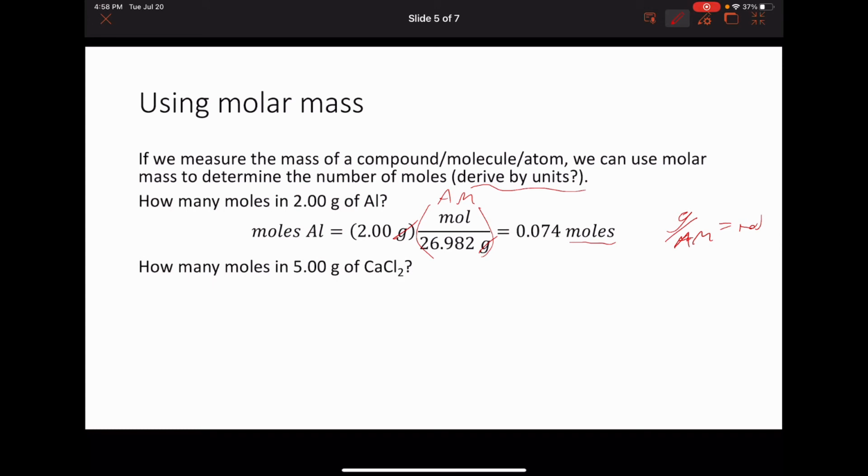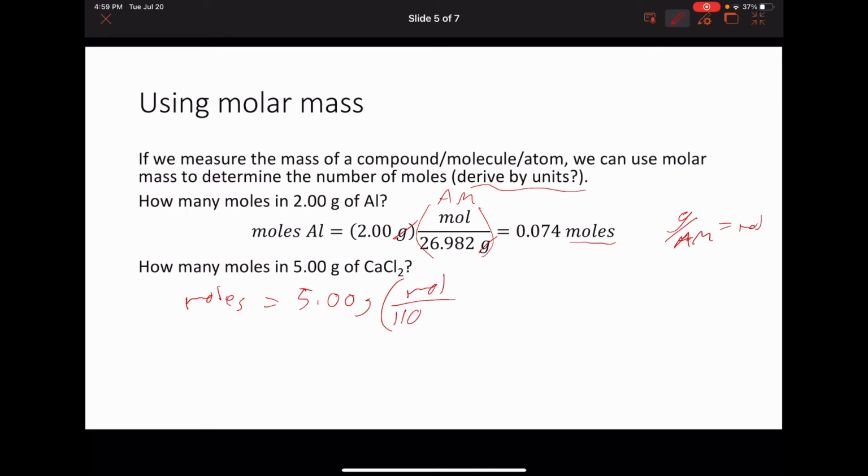Okay, so let's do another one. Let's figure out how many moles are in 5 grams of our calcium chloride. So moles is equal to 5 grams. We need to divide by our molar mass. So I'm just going to flip it over. So we've got moles. What was our answer from the previous slide?